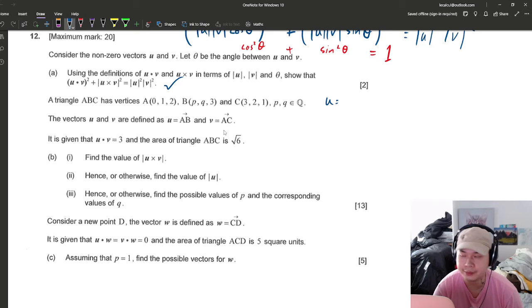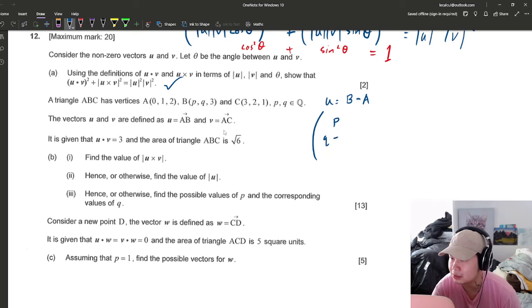The vector from A to B means you take the components of B and subtract the components of A. So this is p minus 0, q minus 1, and 3 minus 2. And the same thing for v: v is C minus A, so 3 minus 0, 2 minus 1, and then 1 minus 2.